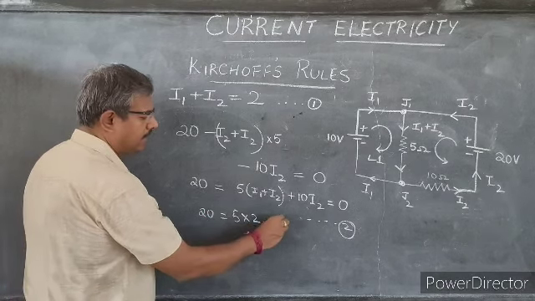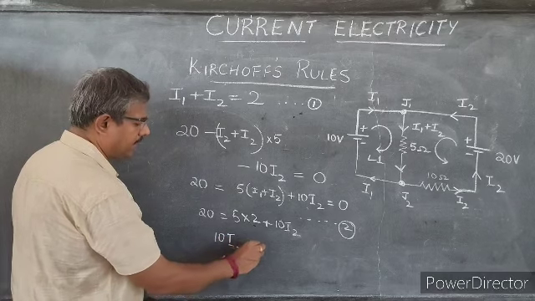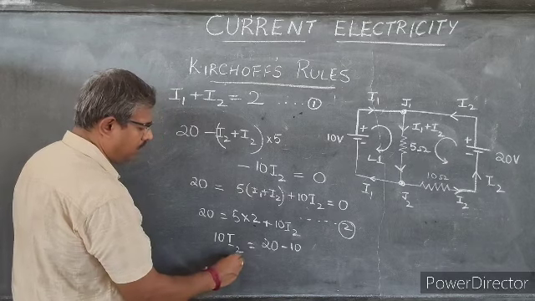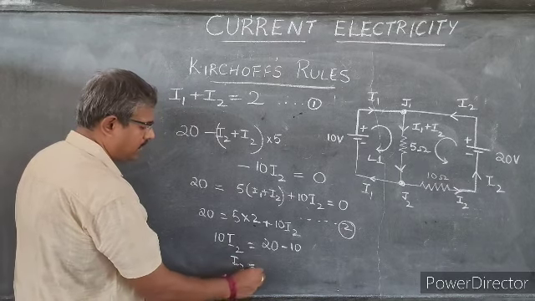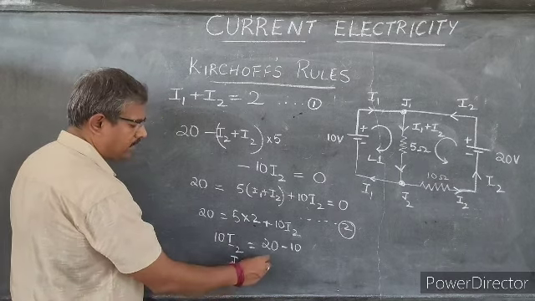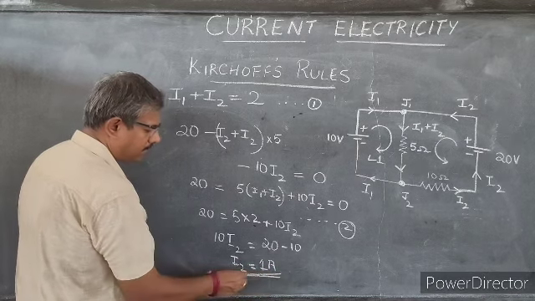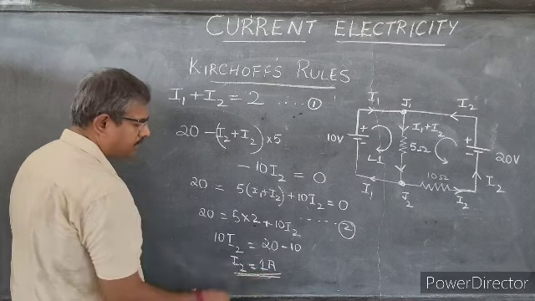So 10 I2, I take it to my left hand side. On the other side I get 20 minus 10. So I2 on simplification reduces to 20 minus 10, that is 10, and 10 divided by 10 is 1. So I2 is 1 ampere. Putting this value I2 equals 1 ampere back in equation 1, I get I1 also to be equal to 1 ampere.